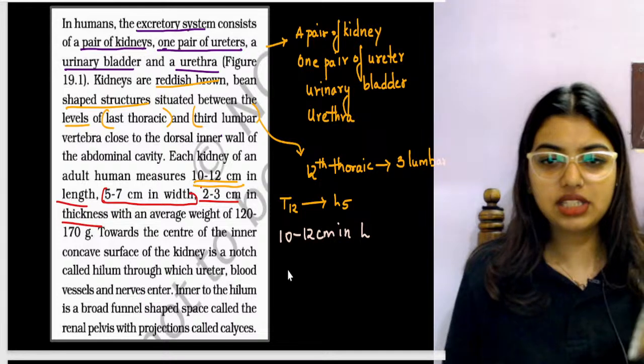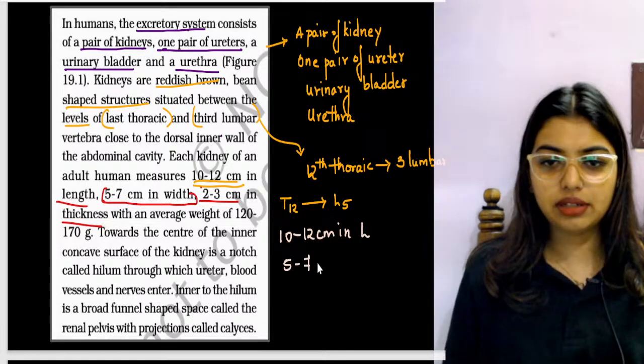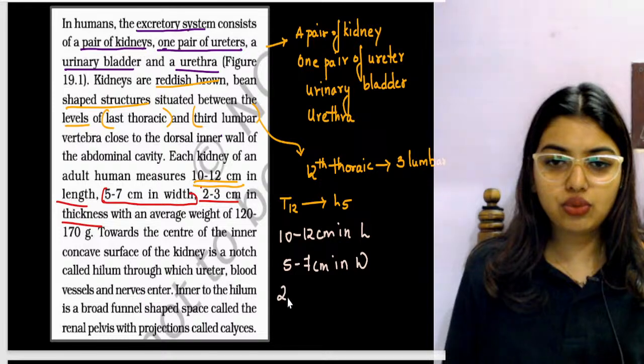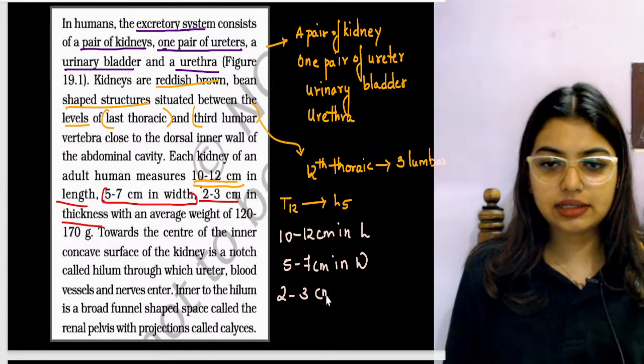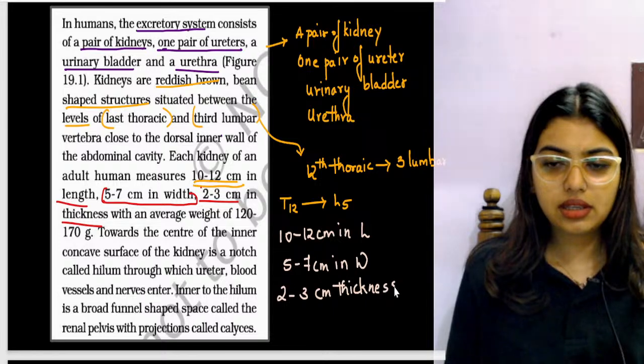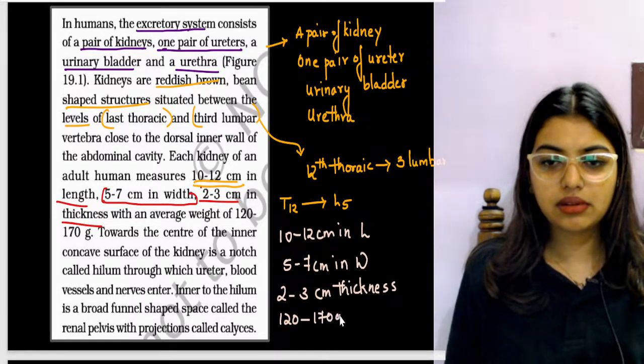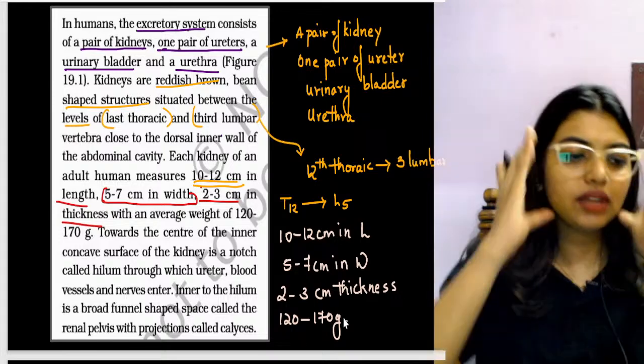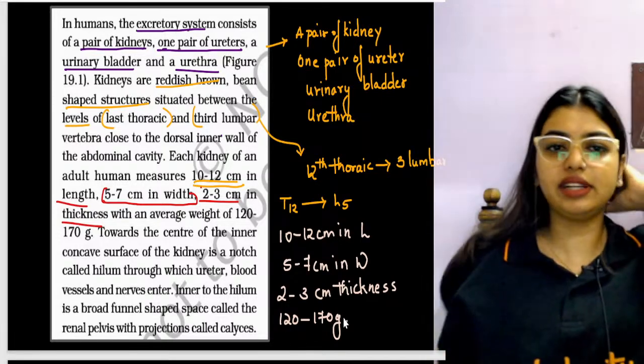Width is 5 to 7 centimeters. Then 2 to 3 centimeters in thickness. Thickness is less. And weight is 120 to 170 grams.